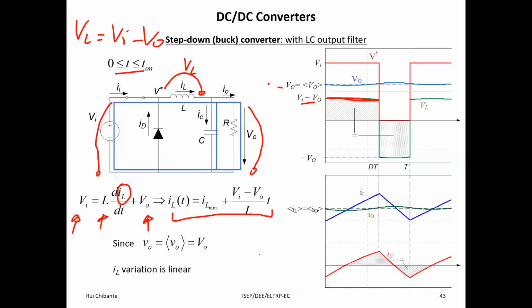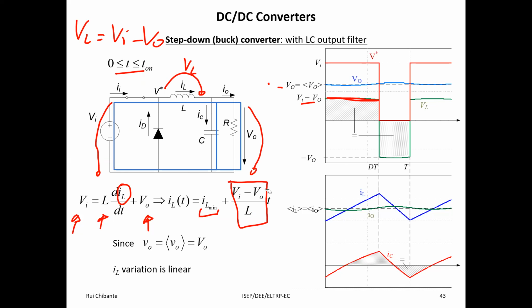Note the variable time is here. So this term is the coefficient of t, but this coefficient is constant. L is constant, VI is constant, and VO we are assuming is constant.